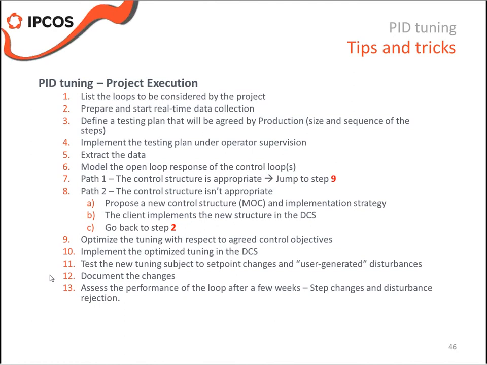But if the control structures are appropriate, then we optimize the tuning using a control technology and implement the optimized parameters on the DCS. And we can test the tuning by making some set point changes, document the changes, and really assess the performance after some time to make sure that nothing has changed and that the tuning is robust and works in day and night conditions and also over different seasons and weathers, hot and cold temperatures, etc.